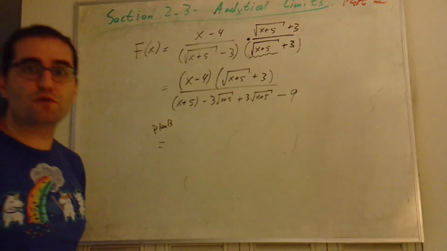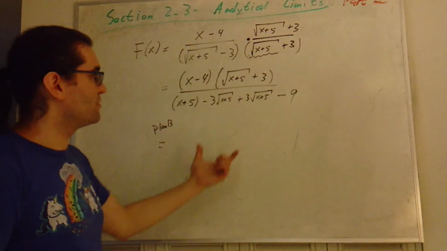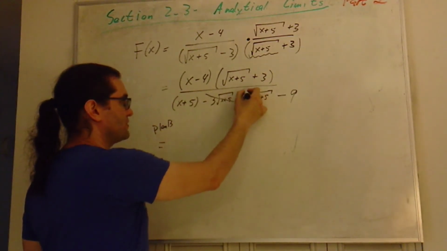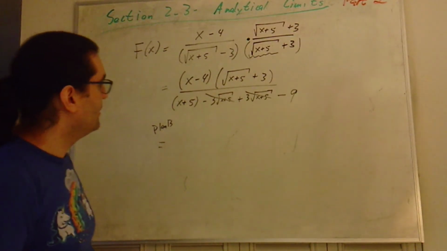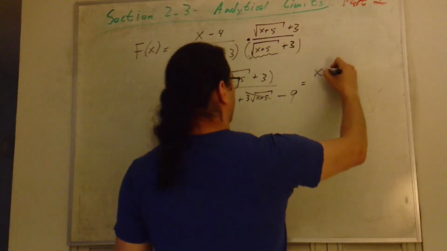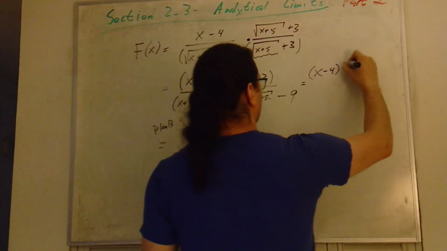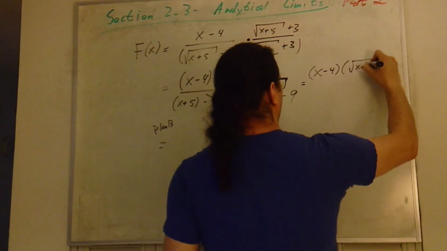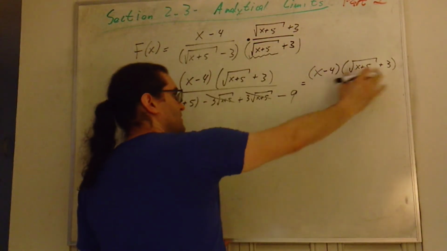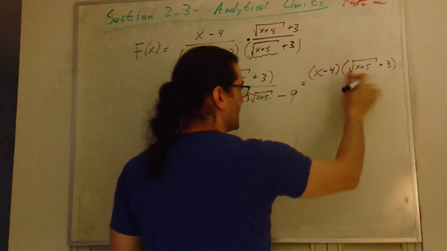If you remember from doing complex numbers, the really beautiful thing about multiplying by a conjugate is that these middle terms with their ugly square roots in them disappear. And so all I'm really left with is x minus 4 times root x plus 5 plus 3. The x minus 4, the original numerator, times the conjugate.